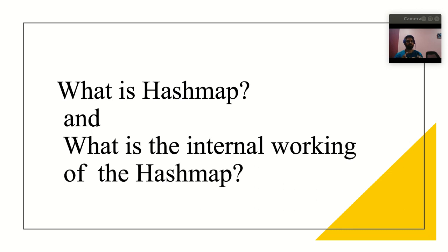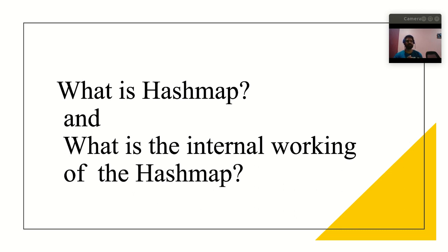So this is how the hash map works internally. For storing it uses the hash code and the hashing technique. For fetching it again uses the hash code and the equals method to match that particular key inside the index.